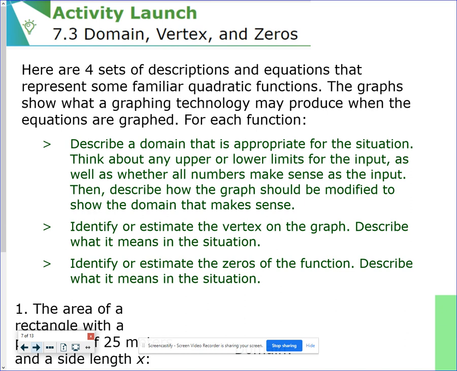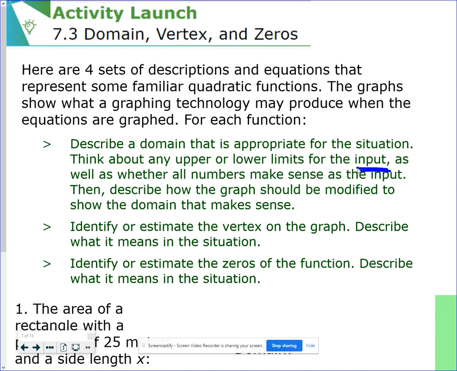So domain is just what's appropriate for the x's in a given situation. Those are the inputs, remember. So we were looking for the upper and the lower limits and where it would make sense to have our x's. We don't want a graph that's way too big and has information that doesn't make any sense for what we're doing.